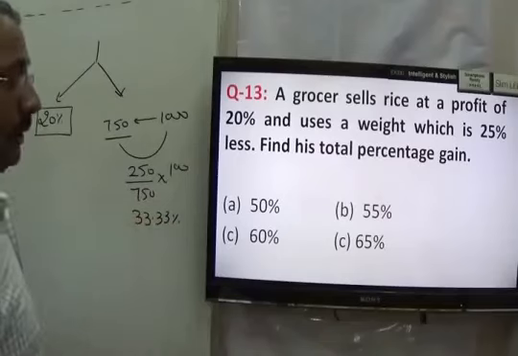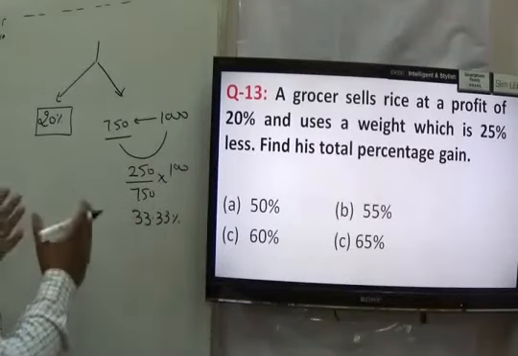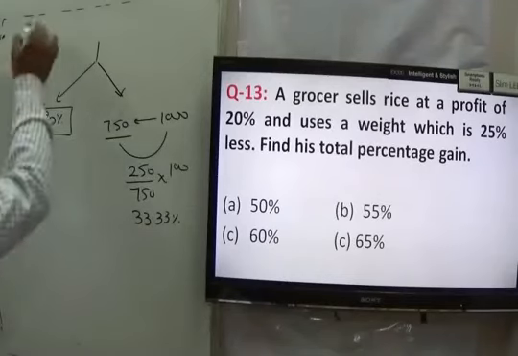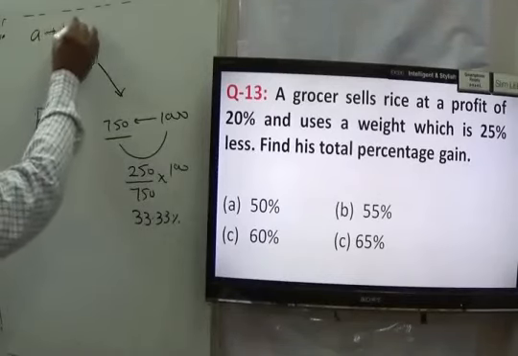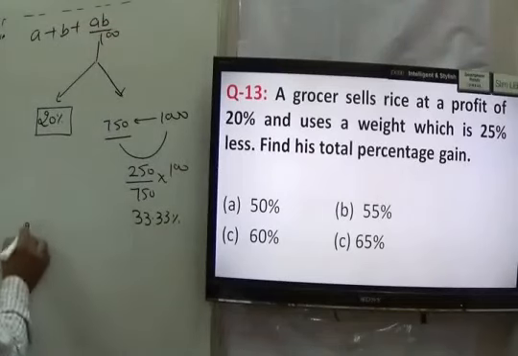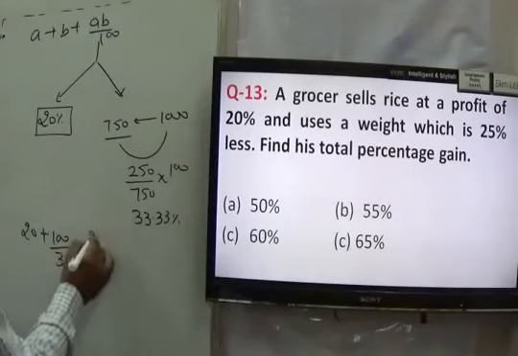33.33%. Okay. In that question we have to find the overall gain percent. If there are two transactions and at both places you are going to get some profit or loss, in order to find the overall profit or loss, you can also apply a successive percentage change, A plus B plus AB by 100, right? Here both are profit, so I may say 20 plus 100 by 3 plus AB by 100.